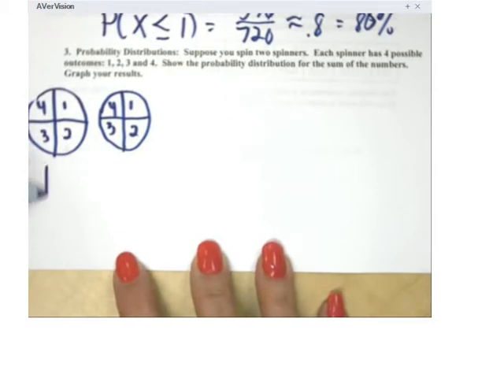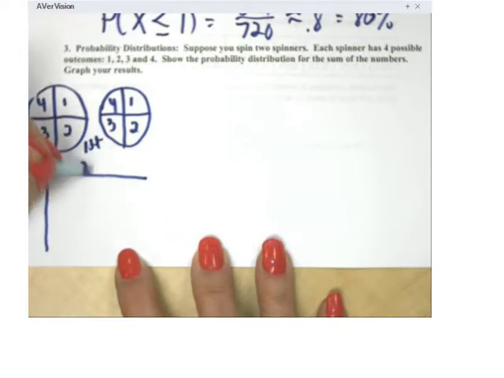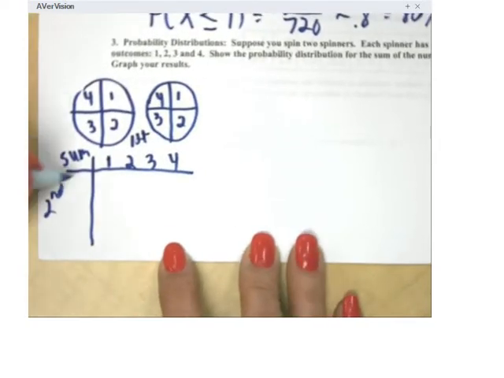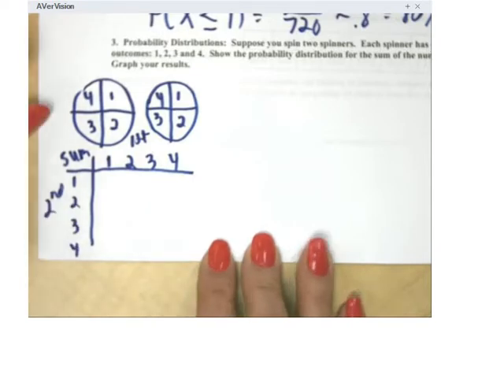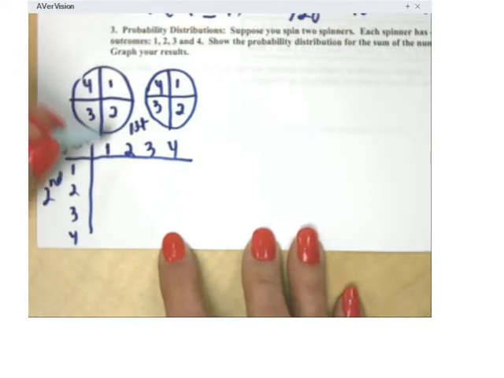Now, I'm going to make a little Punnett square, and I'm going to look at the sum. Here's my first spinner, and it can come up 1, 2, 3, or 4. And my second spinner can come up any of the numbers 1, 2, 3, or 4. If I'm particularly looking at the sum of the two spinners being spun together, I don't care what the particular numbers are that come up. I just want to know what the sum of the numbers is.